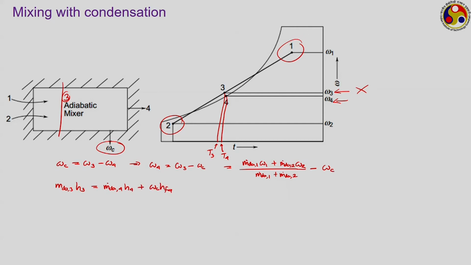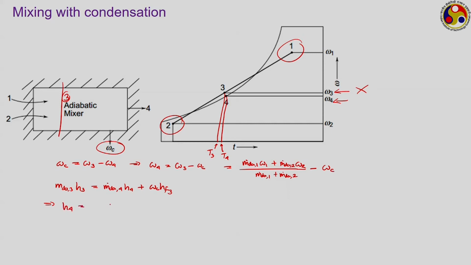It is difficult to say at which temperature omega c will be. Let us assume omega c to be at the temperature of 3 only, because it is formed by the condensation of the moisture which is present at temperature T3. Then from there we have to identify H4.